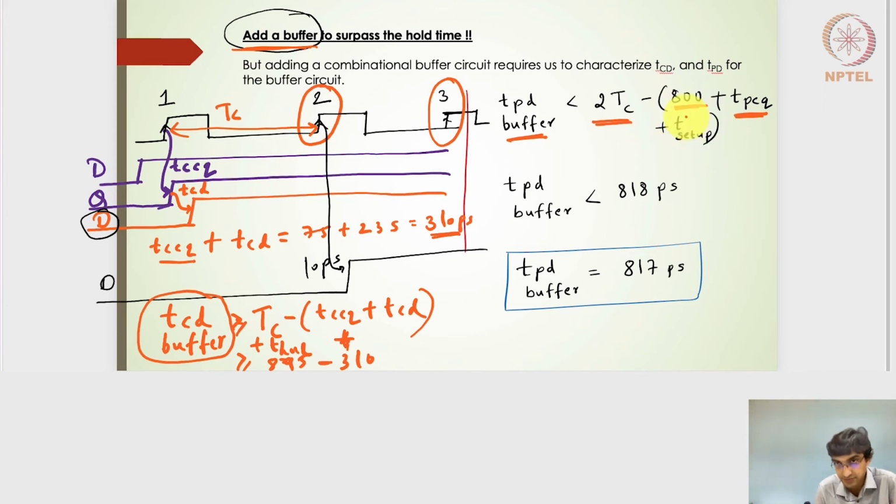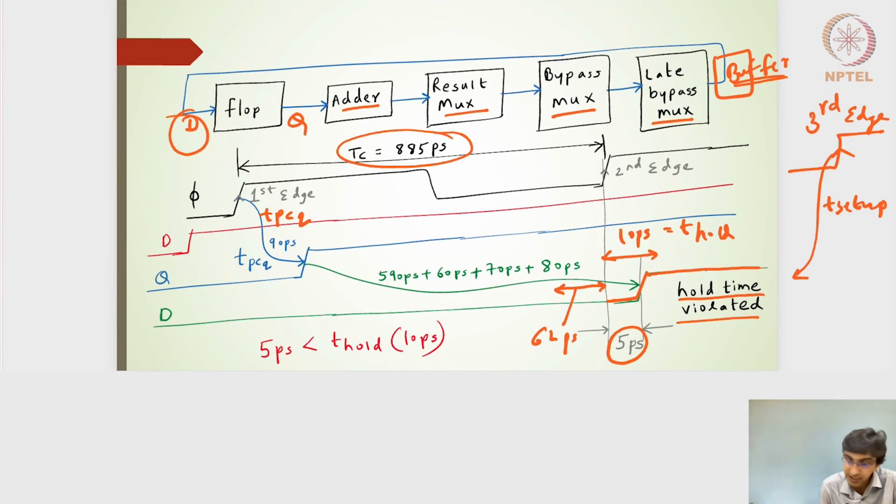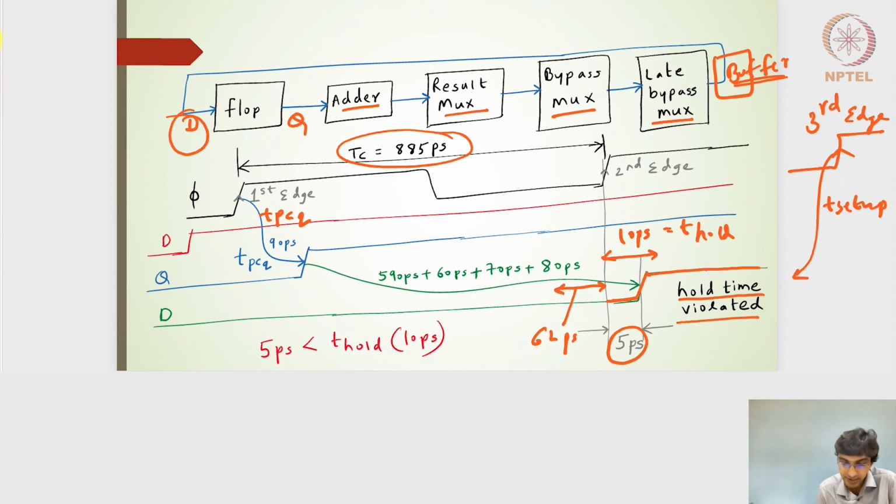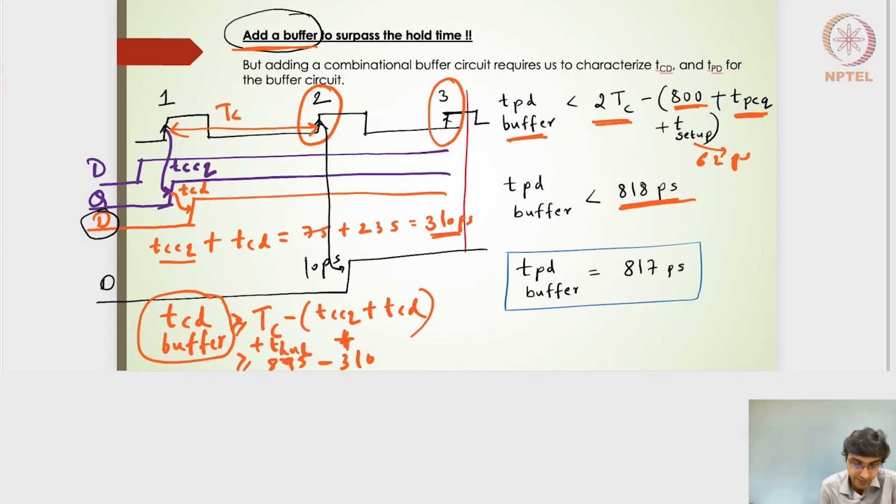Right, so it should be smaller than 818 picoseconds. T setup is 62 picoseconds, and TPCQ was 90 picoseconds. So if I do the calculation, I'll get 818 picoseconds. So that should be the maximum one.